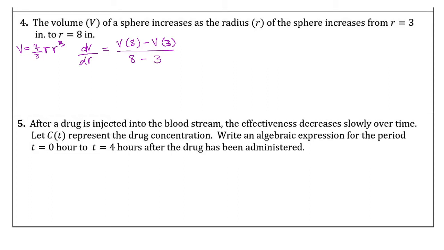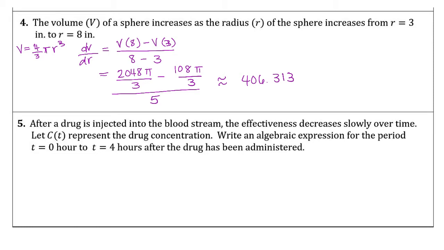And so whenever we put all of this in our calculators, we should have 2048 pi over 3 minus, and then we're going to have 108 pi all over 3, and then every bit of that is going to be over 5. That's your 8 minus 3. And so typing all this in your calculator, you should get approximately 406.313, and of course that rate of change is going to be positive.